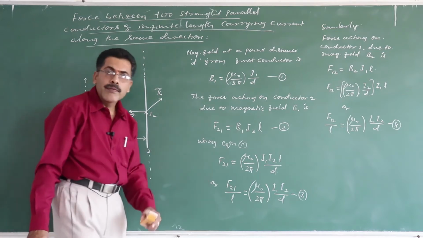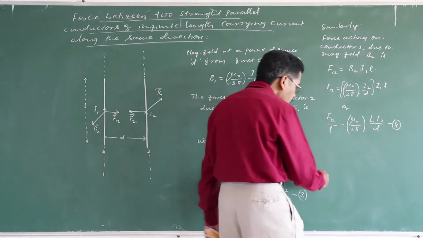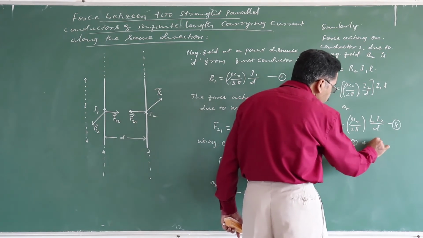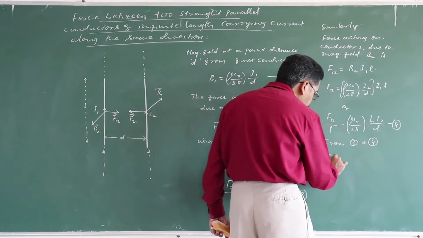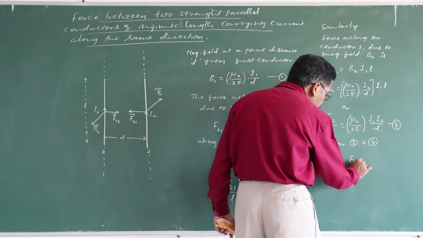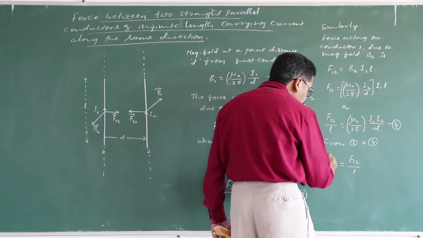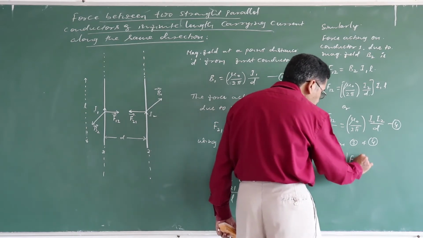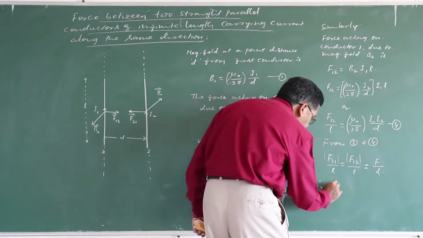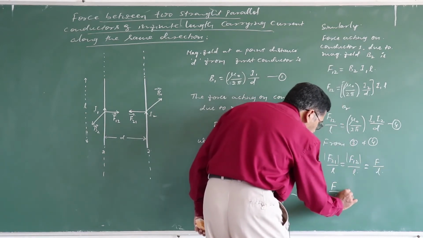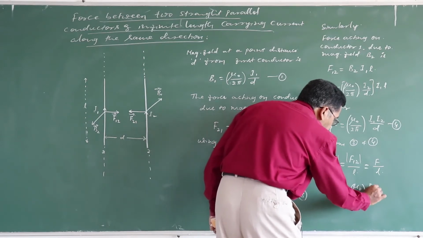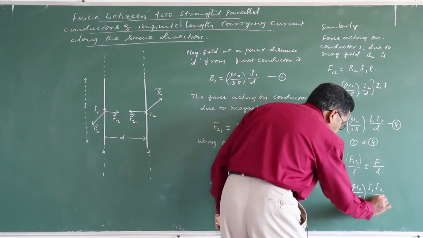When you compare equations 3 and 4, you can write F21 by L is equal to F12 by L. If you take only the magnitude, it is F by L. Therefore, F by L is equal to mu naught by 2 pi I1 into I2 divided by d.